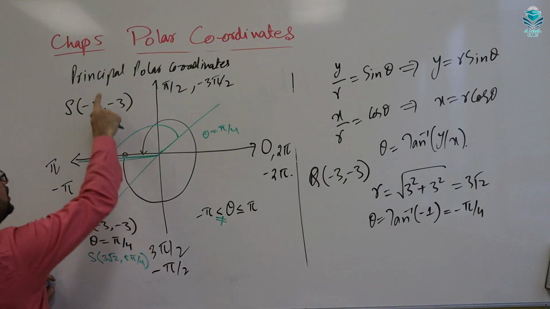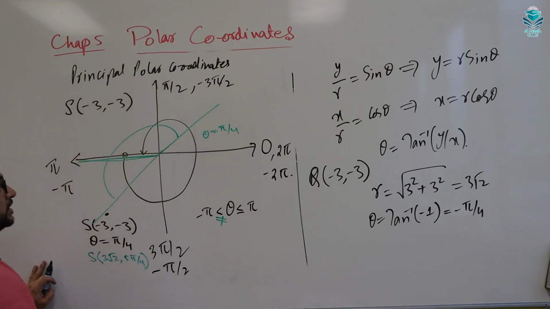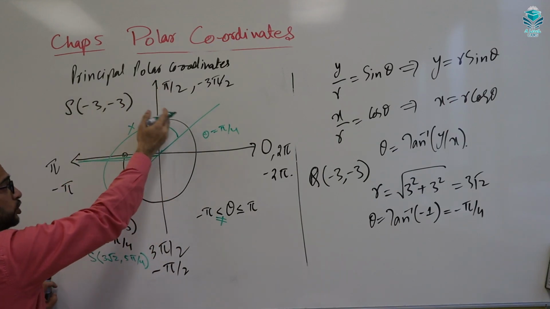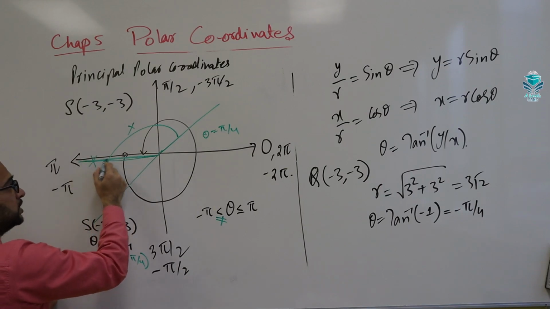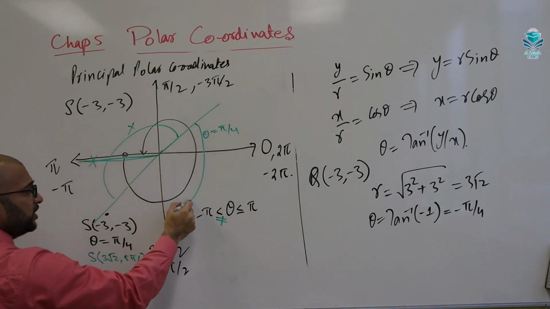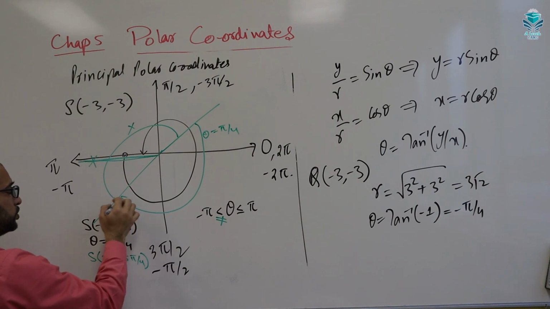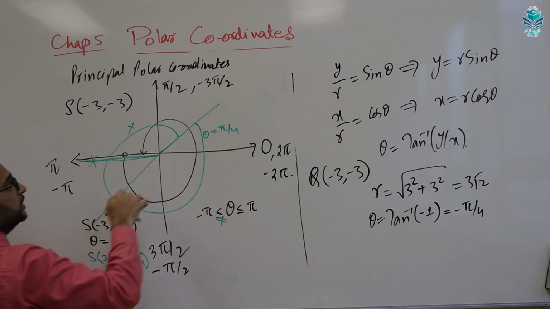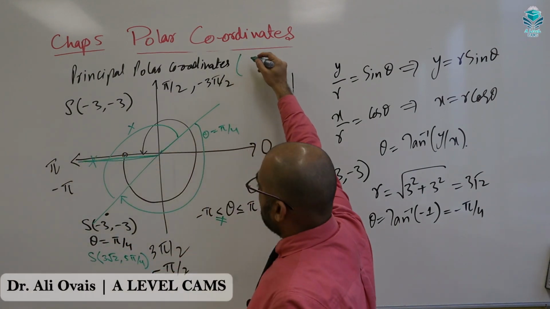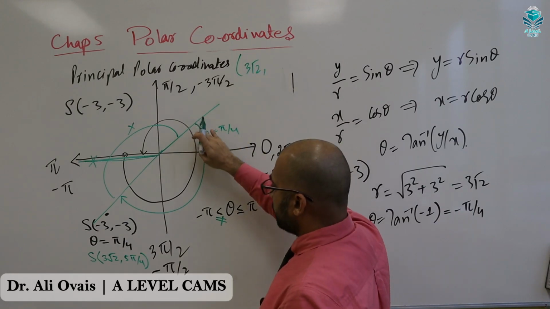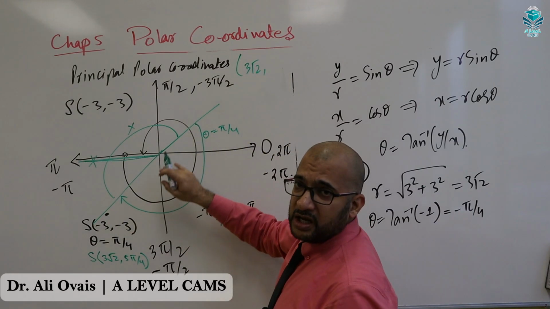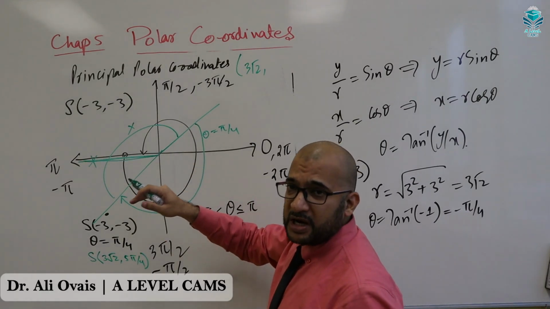But if I write down its principal polar coordinate, I cannot choose this way to move from here to there, because there is a barrier and I cannot cross it. So it means I have to choose another way to reach this point. So the principal polar coordinate is r equals 3 square root 2, and pi by 4 with pi added clockwise, so it will be minus pi.